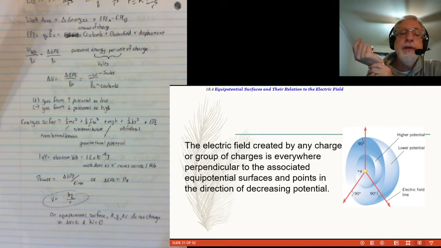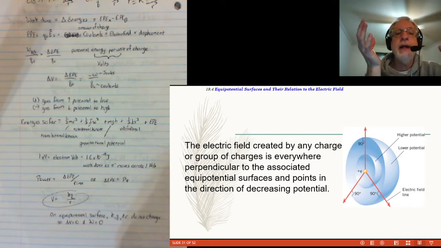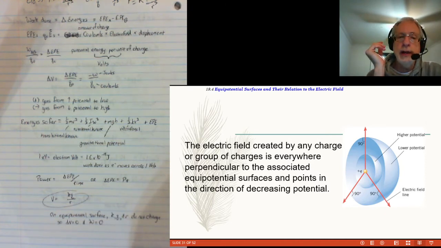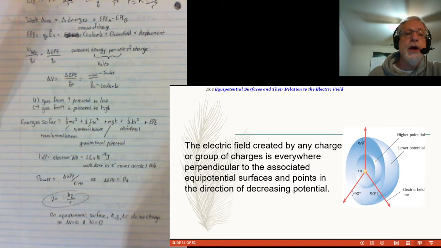Much like the electric field lines are perpendicular to the charge from which they come, the equipotential surface is also perpendicular to the electric field line at all points. So that's kind of a rule to creating electrical equipotential surfaces. Equipotential surfaces are related to the electric field lines in that they are perpendicular at all points.